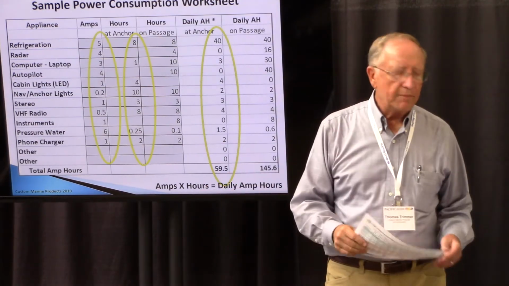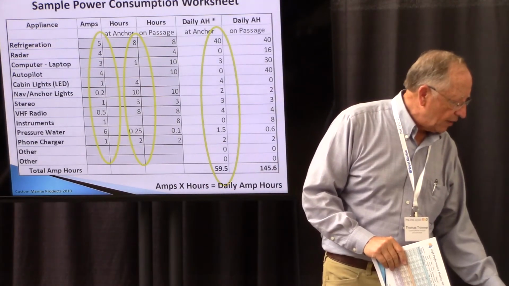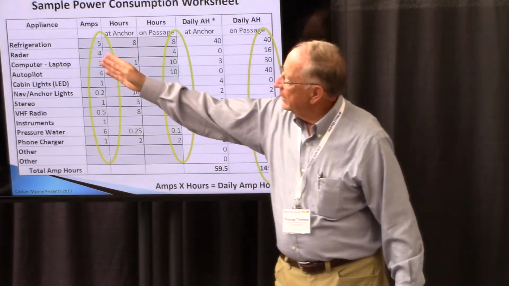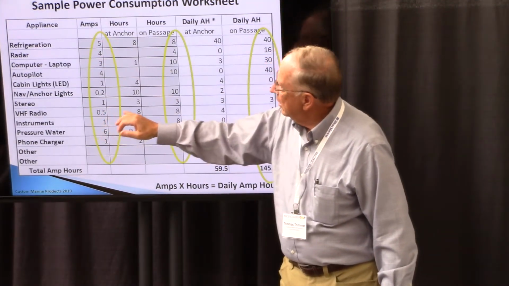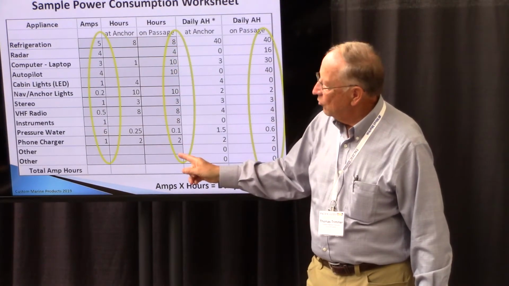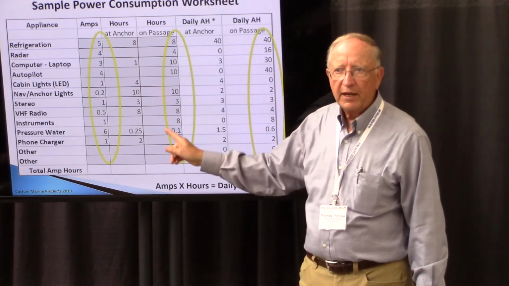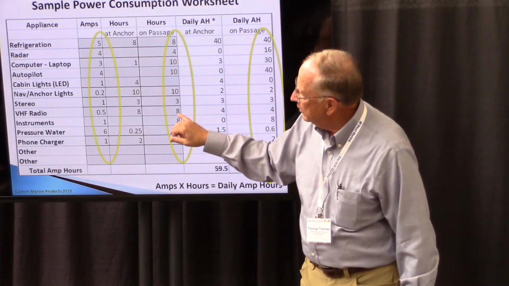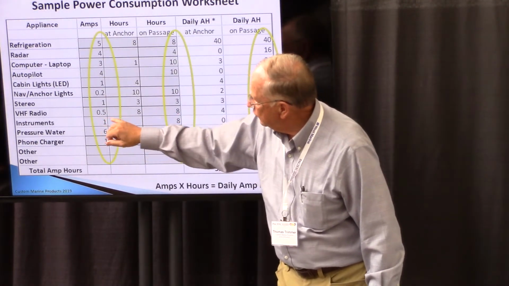Now, when I'm under power, I have a different scenario. Again, I have these appliances, but my usage when I'm under passage is going to be different. My hours of usage, for example my VHF radio, my instruments, my autopilot, will be different.